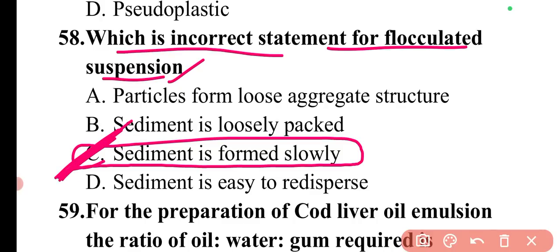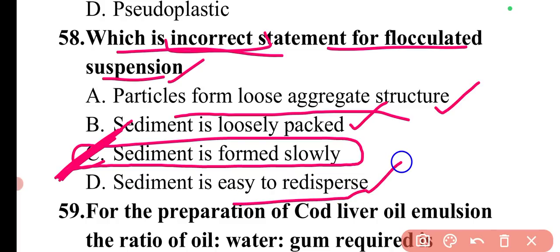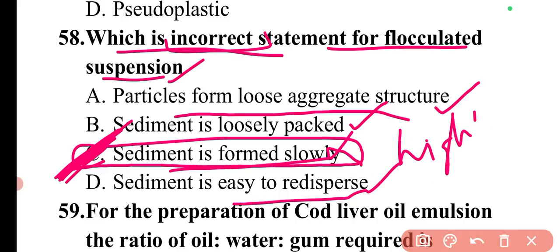So this statement will be incorrect, because the incorrect statement is asked. The particles form loose aggregate structure. This is true. Sediment is loosely packed, so it is easy to redisperse. This is statement number 4. As we have seen in the previous question, the rate of sedimentation is high, so it is not the case. It is the case in the deflocculated suspension.